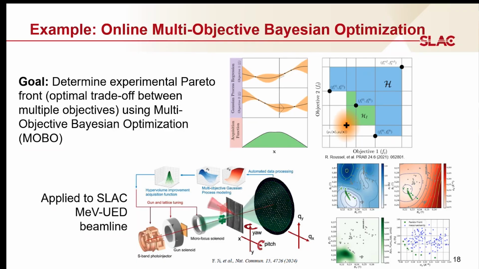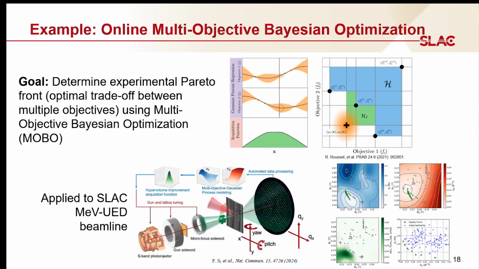And so an example of us applying this in an experimental setting is the SLAC MeV ultrafast electron diffraction beamline, which is used to characterize crystals and different material properties.